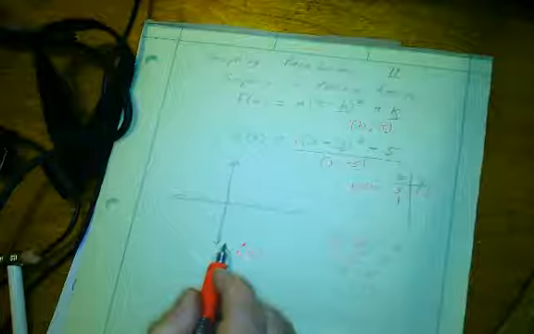So I'll have 1 minus 3 squared minus 5. I can find the y value. So negative 2 squared minus 5. Negative 2 squared is positive 4. 4 minus 5 will give us negative 1.